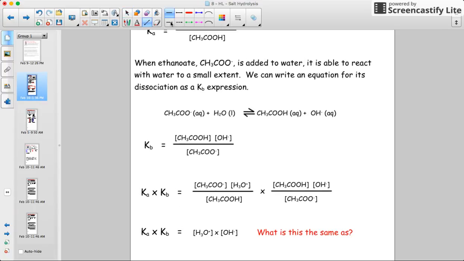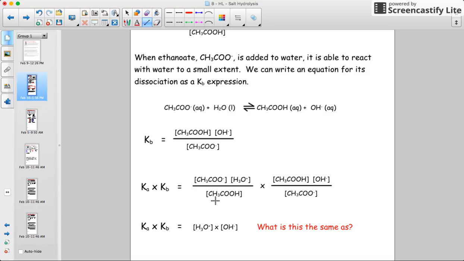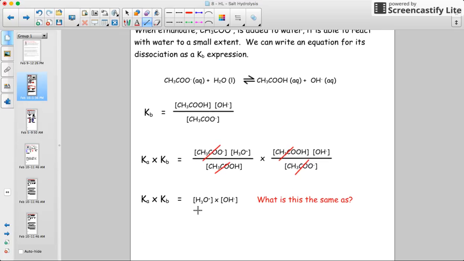What you're going to see is that a lot of the terms in the two expressions are going to cancel. So the CH3COOH is going to cancel, and the ethanoate ions are going to cancel. And so actually all that's left over when you multiply the Ka and Kb together is H3O plus, which is like H plus, times OH minus.